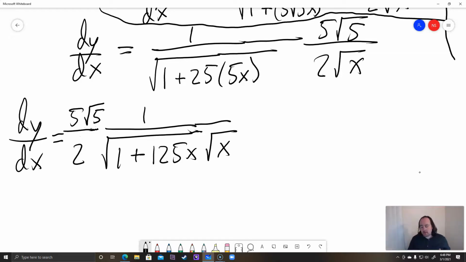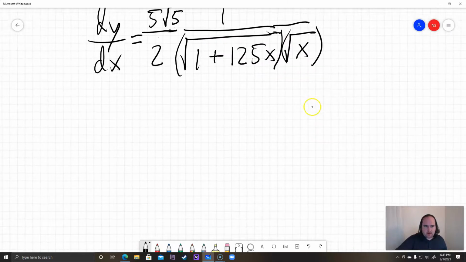So now you might not know this, but since these are both square roots in this denominator, we can actually bring this square root of x inside of that square root. And that's the tricky part about this problem, that some people might not know.